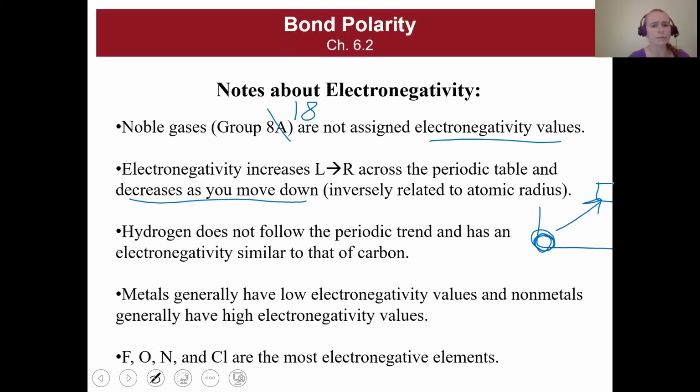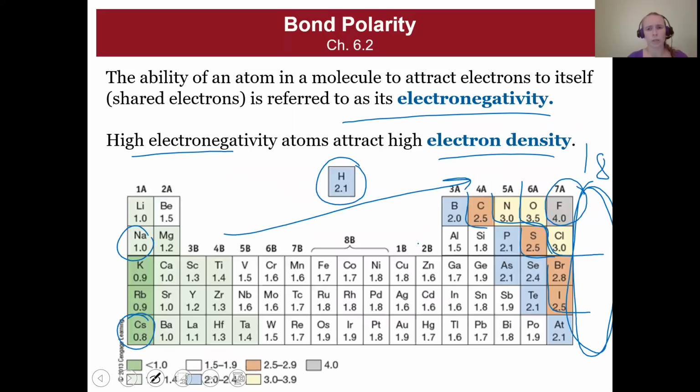Hydrogen doesn't follow the periodic trend really because it's a little weird. Hydrogen would kind of be close to helium over here. Remember, we've learned that hydrogen can act like a group 1A, or a group 1 element, but sometimes it also acts as a group 7 element.